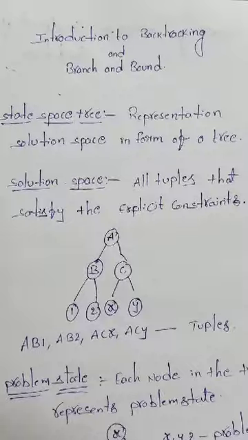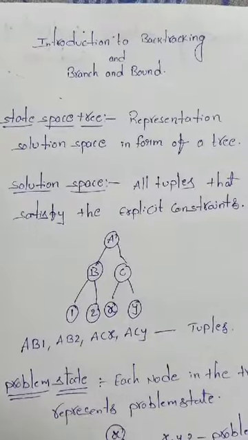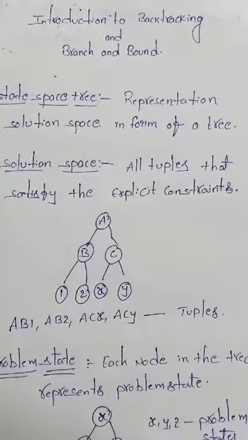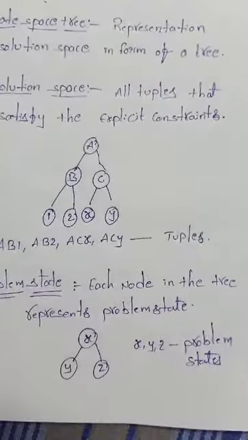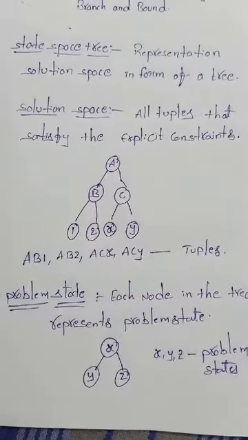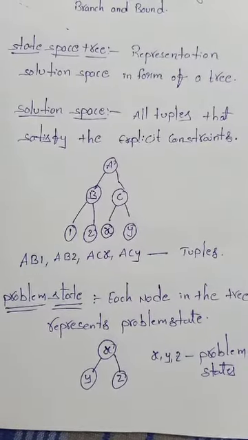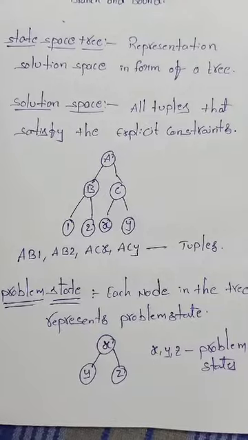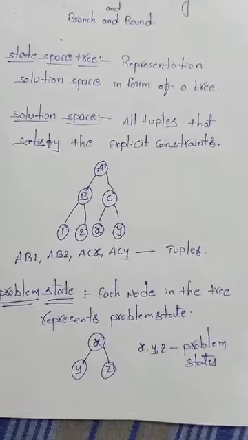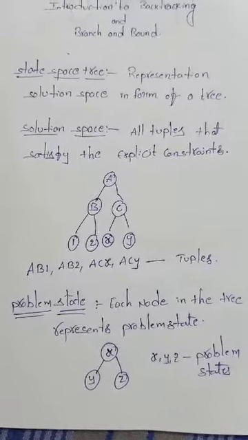Like see, AB1 is one tuple, AB2 is a second tuple, ACX and ACY. All these are tuples. So in the state space tree, every node represents a problem state.